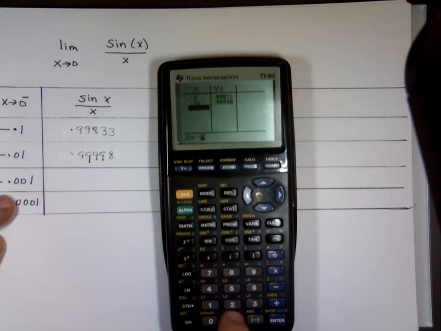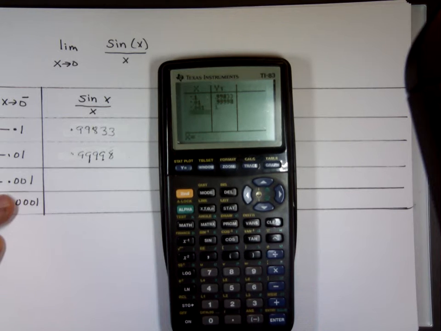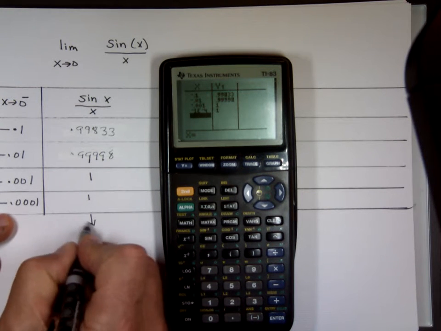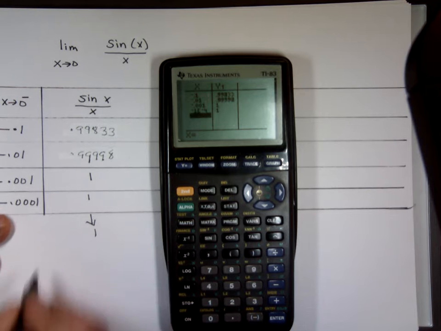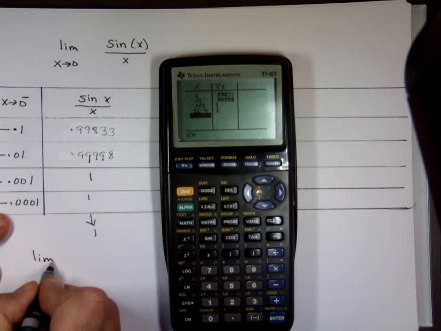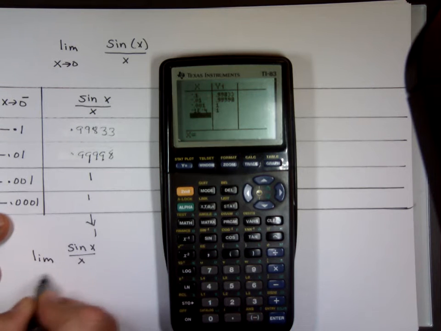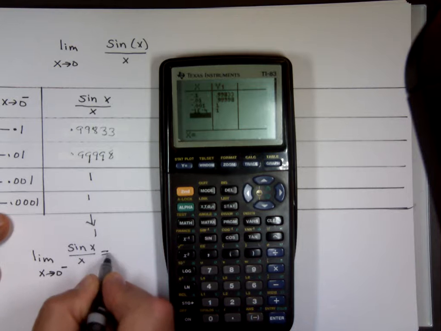Negative 0.001. It says 1. Negative 0.0001: 1. So you can see this function is approaching what? The 1. So the limit of sine of x over x as x approaches 0 from the left side is 1.